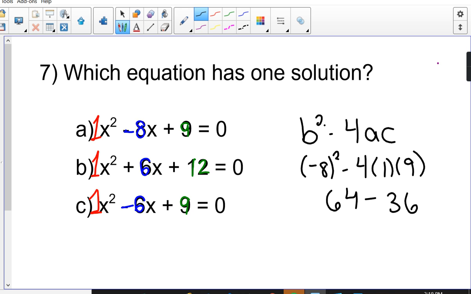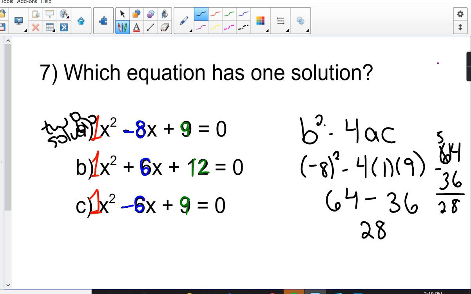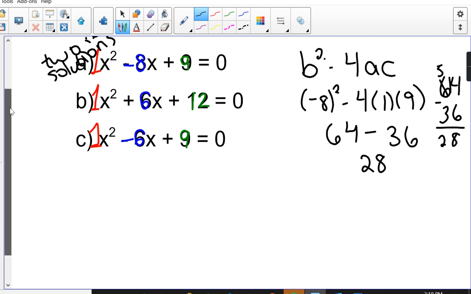So we have 64 minus 36, which is 28. Okay, so we got a positive number. So does this have one solution? Nope. This has two solutions. Positive number for the discriminant, 2 real solutions. So this is not our solution because we're looking for the one that has one solution.